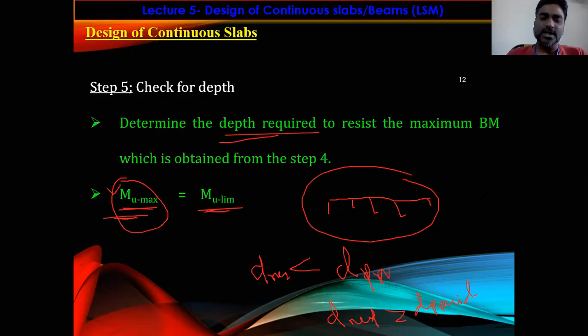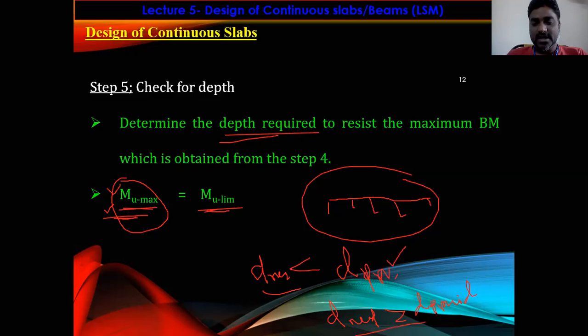That you need to check. Suppose D required is less than D provided, that means whatever D is required to resist the maximum bending moment is less than whatever D is provided, then your beam is safe. Because whatever is required, you are providing a little bit more than the required. So it will become safe. Hence you can go for further steps.